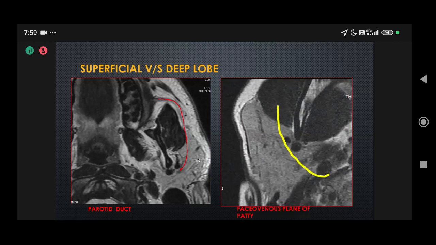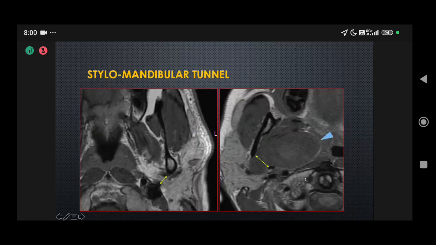Another important landmark is the fascio-venous plane of Patey, the plane which lies lateral to the retromandibular vein. So we arbitrarily draw the line lateral to the retromandibular vein, and the part of the glandular structure which is inner becomes your deep lobe, while this becomes your superficial lobe.